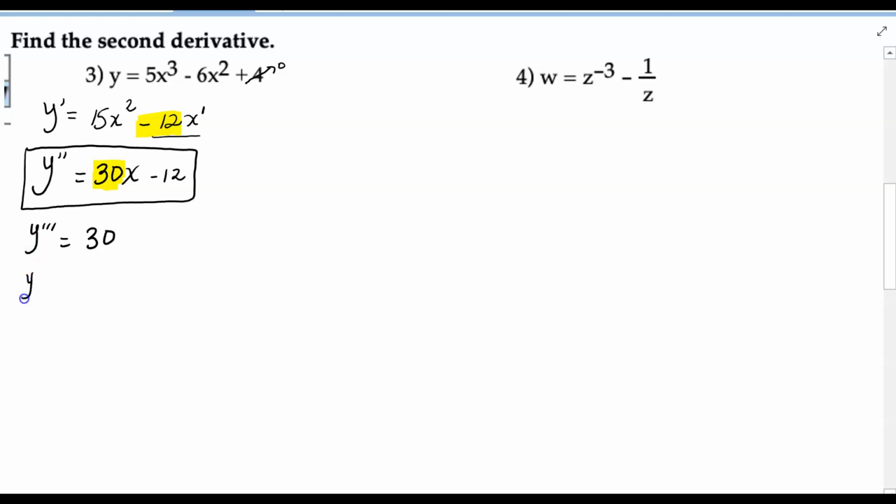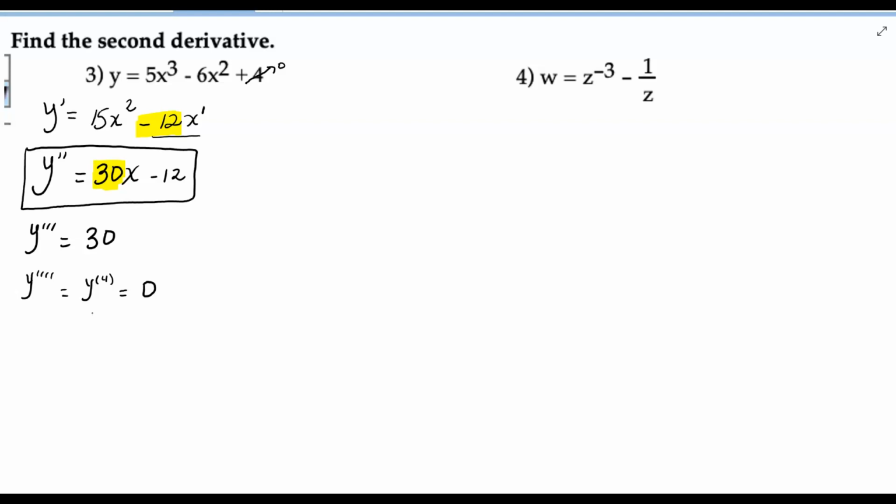And if I were to find y quadruple prime, sometimes they might say something like this, y with the 4 up at the top, that would be 0 because the derivative of that constant is 0. So we wouldn't actually be able to take the fifth, the sixth derivative because of the fact that it's just 0 at that point.